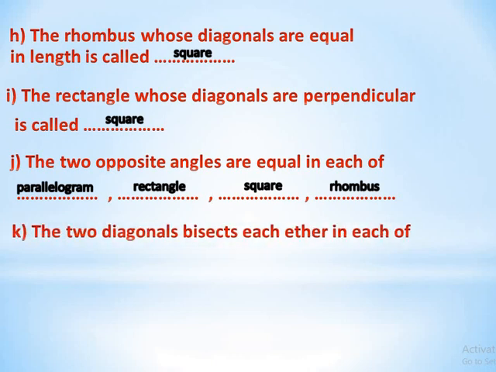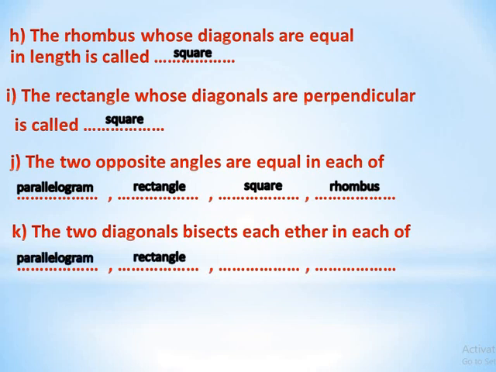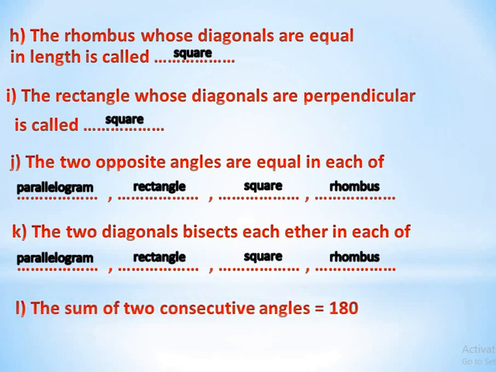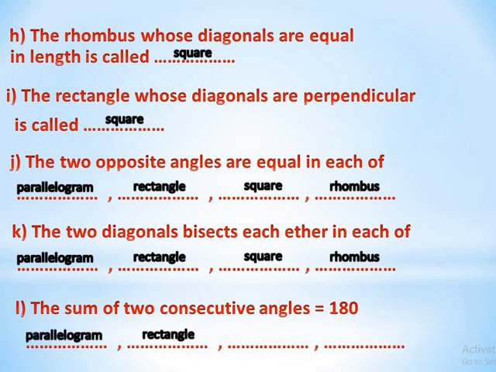We know that the two diagonals bisecting each other is a common property in all four shapes: parallelogram, rectangle, square, rhombus. The sum of two consecutive angles equals 180, also in the four shapes: parallelogram, rectangle, square, rhombus. Thank you.